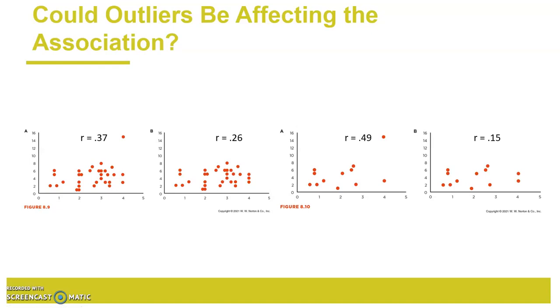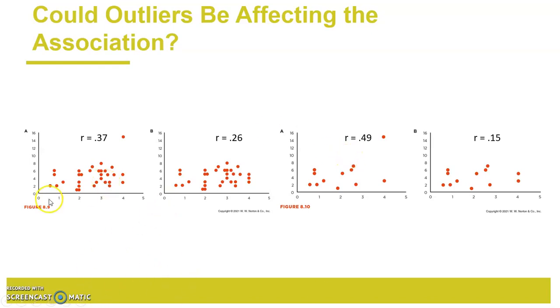Outliers. Okay, so outliers are kind of a tricky thing to deal with in statistics, but R values are vulnerable to influence by them. So it's something that you need to watch for in your scatter plots. Okay. So this is just to kind of illustrate.